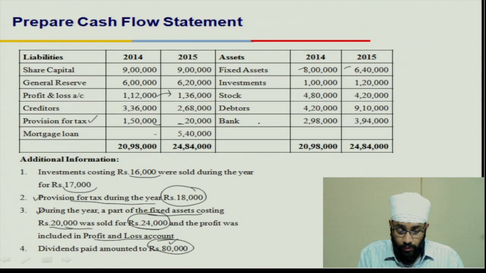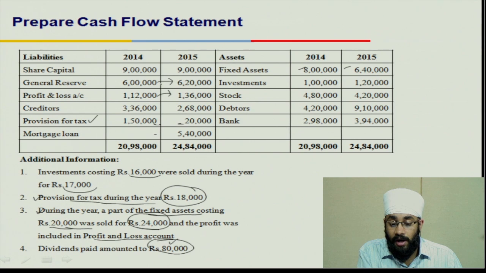Now we can look through balance sheet again to ensure that we have not missed anything in terms of non-cash items. So if you look at the liabilities side, you have share capital, which is equal. You have general reserve, which goes up. And if you remember, general reserve is going up. The reason for this is this extra amount is transferred out of profit and loss account to the general reserve account, which means profit was reduced by 20,000, but this is a non-cash item.